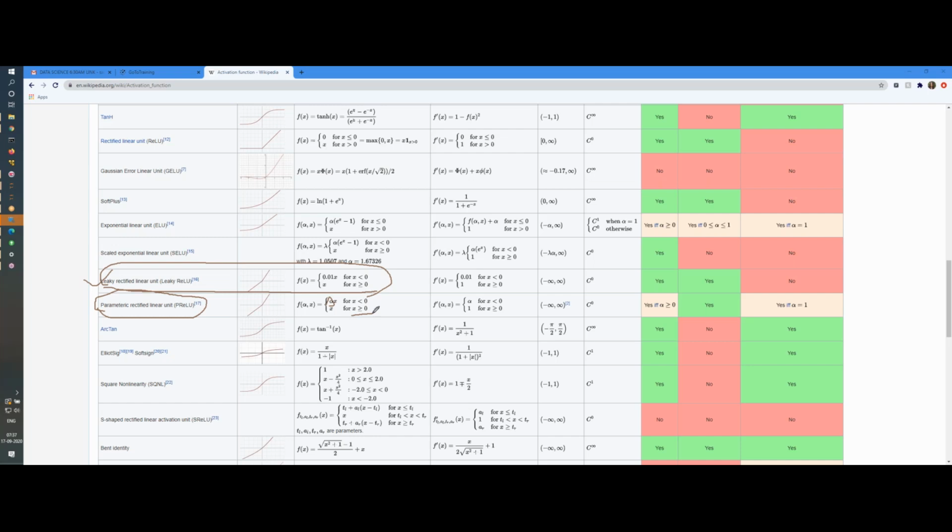Leaky ReLU is predicting 0.01 into x, always a constant. And parametric is user defined, so alpha can be controlled by the user. Alpha is a constant but given by you. You can decide alpha. So alpha x, that is what you will predict if it is negative. So these three activation functions are very good for regression.